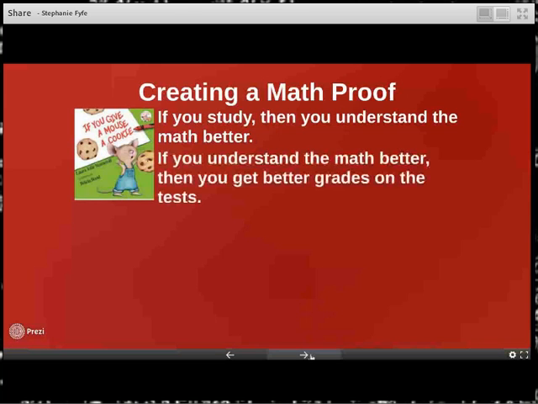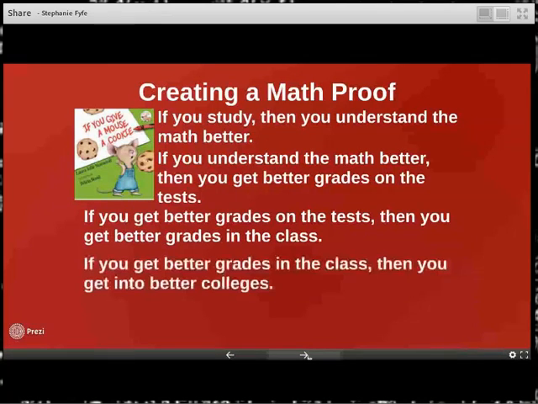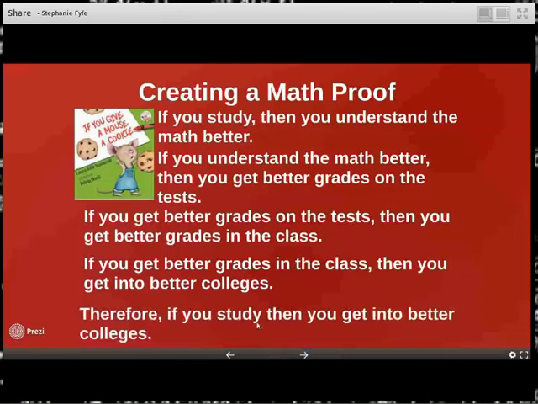If you understand math better, then you get better grades on tests. If you get better grades on tests, then you get better grades in the class. If you get better grades in the class, then you get into a better college. So if we were to logic through each of these statements, we would know that therefore, if you study, then you'll get into a better college.